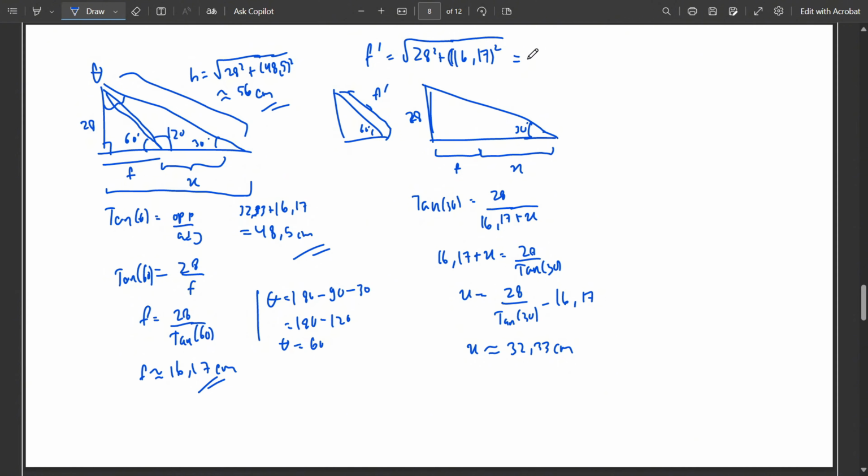So the square root of 28 squared plus 16.17 squared. Well, it's approximately 32.33. So that side is 32.33. Oh, well, this is the same length as our x here. So f accent is 32.33 centimeters.